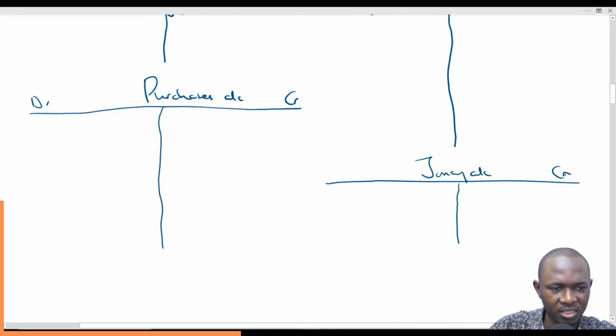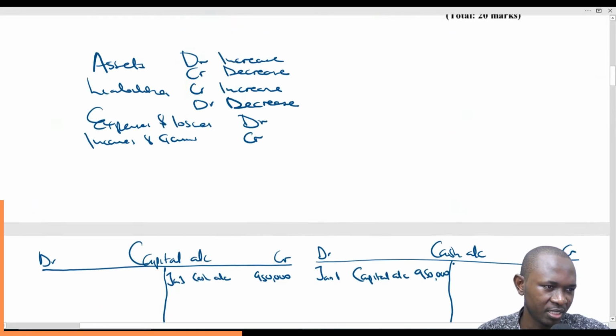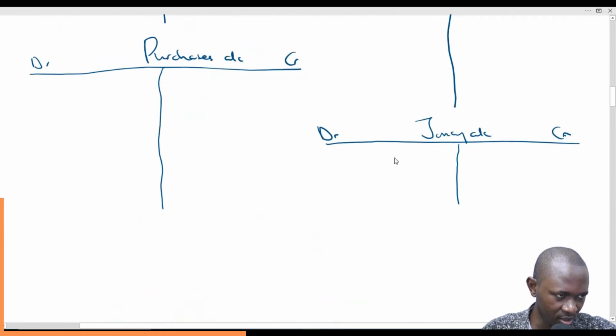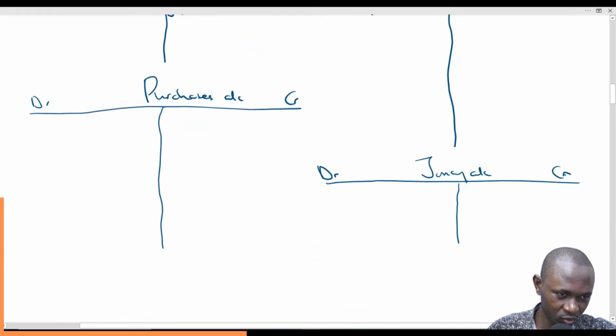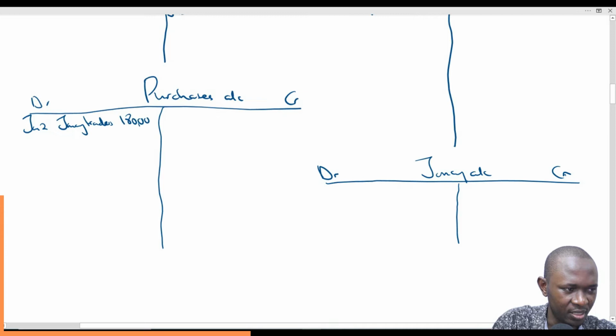Why are we opening this account? Because she's now a creditor, and for creditors, it's preferable that we open individualized or personalized accounts. So bought goods on credit from John C. Traders, 180,000. This is on January 2nd. And because these are purchases, goods are coming into the business. So we talk of January 2nd, John C. Traders, how much? 180,000.